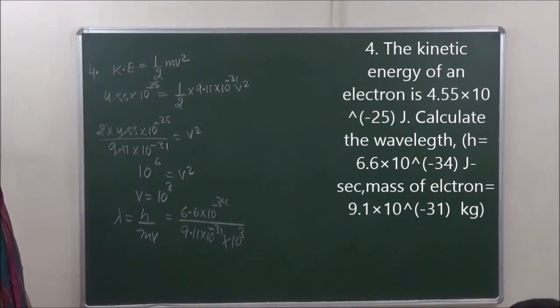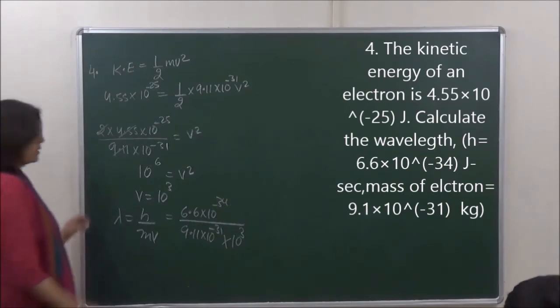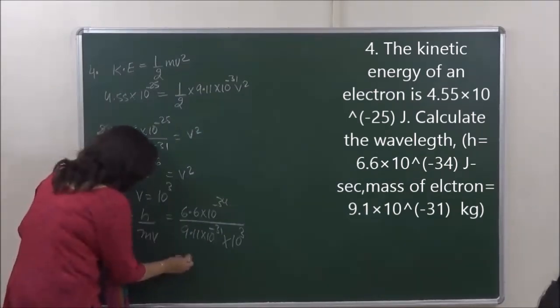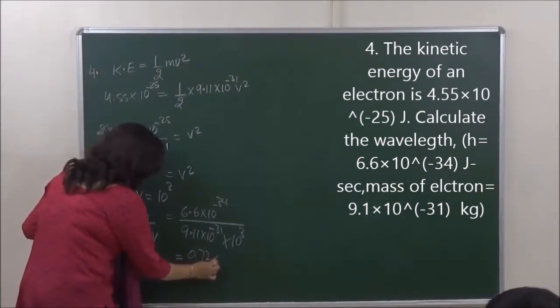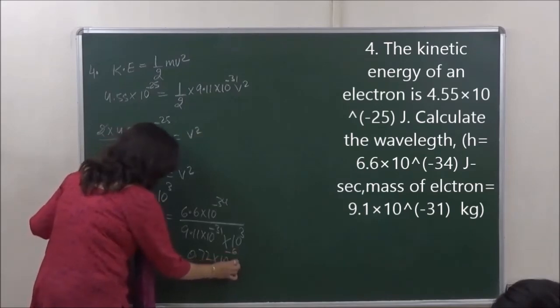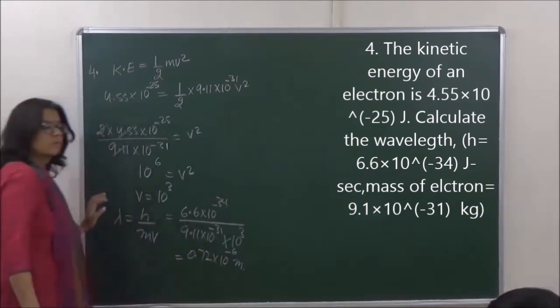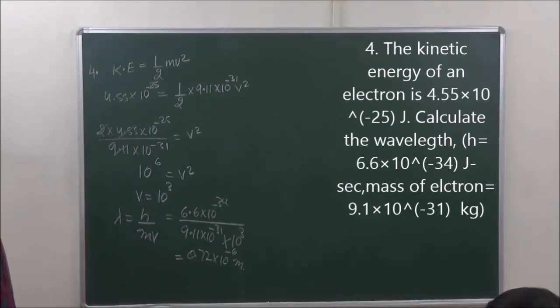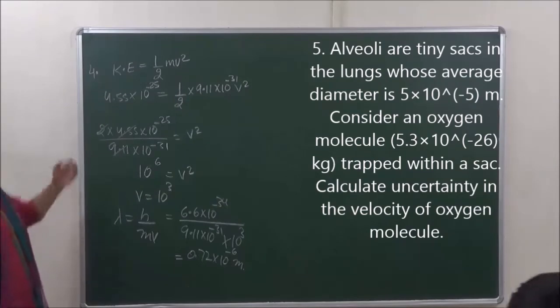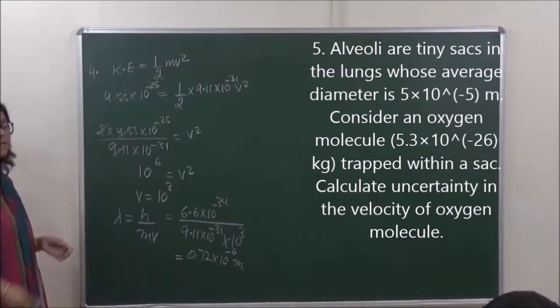Right? So when we calculate this, the answer comes to 0.72 into 10 raised to power minus 6. Is it clear? So this is how we calculate the wavelength if kinetic energy is given to us.